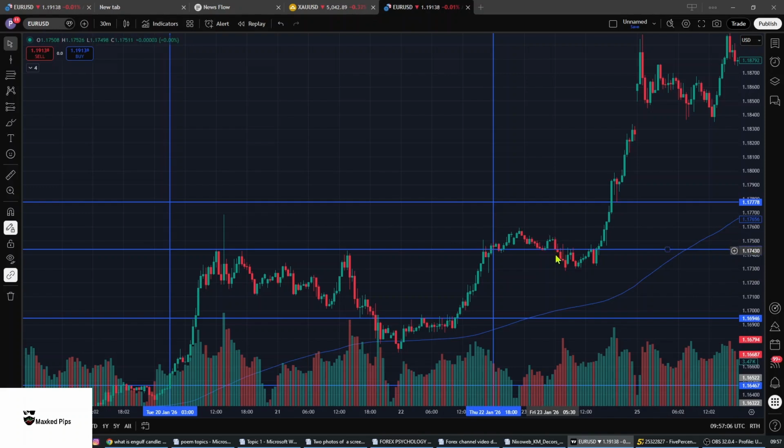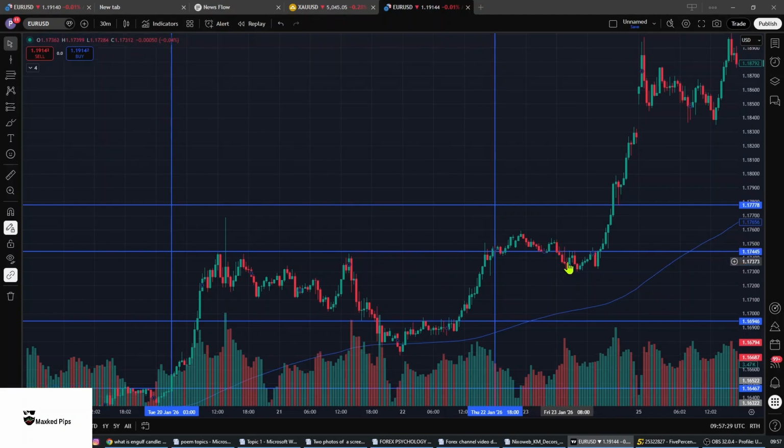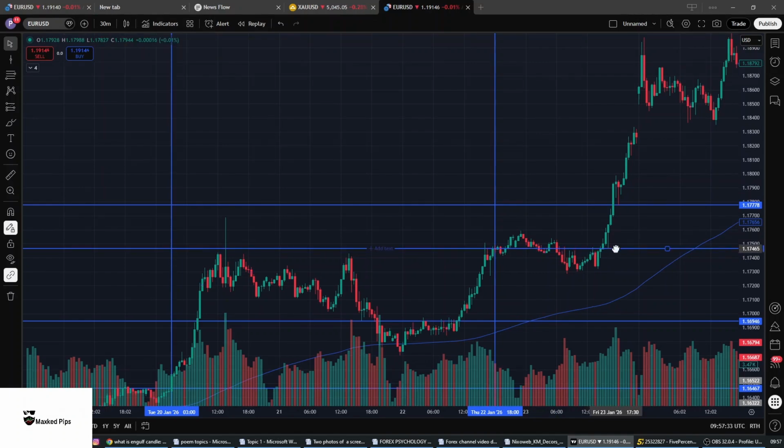So we can see once price has entered this zone, it has printed multiple 30 minutes candles here, and here we also have two 30-minute candles. You can either wait for these two bearish candles to be engulfed, or you can wait for this set of bearish candles to be engulfed. But either way, your trade will have gone your way.